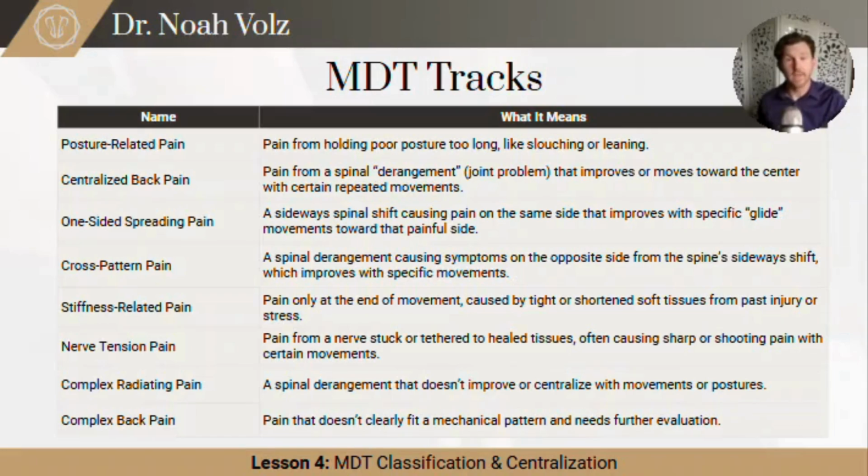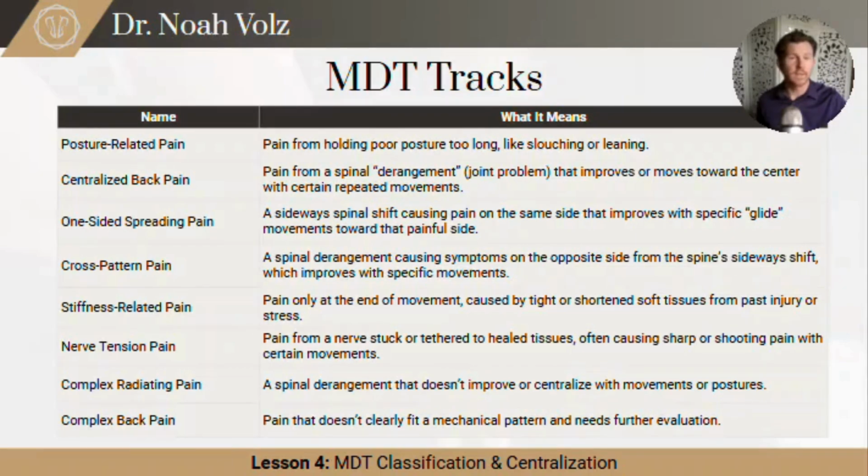Nerve tension pain is pain from the nerves that have tension on them. They can be stuck or tethered to tissues. It can sometimes be adhesions. And the type of pain is more sharp or shooting pain, and we'll identify that with the movement screening. There's complex radiating pain. So this is another spinal derangement.